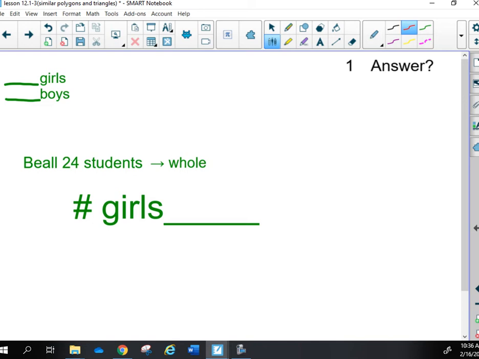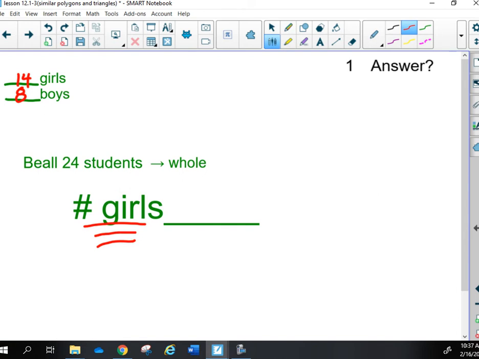All right. What we're talking about today is dealing with ratios and proportions, and as you found out from section 12.1, if there were 14 girls in this classroom and 8 boys, and Beal's classroom across the hallway has 24 students in all, and I want to know how many girls there are in Beal's class, I should be able to set up a proportion.